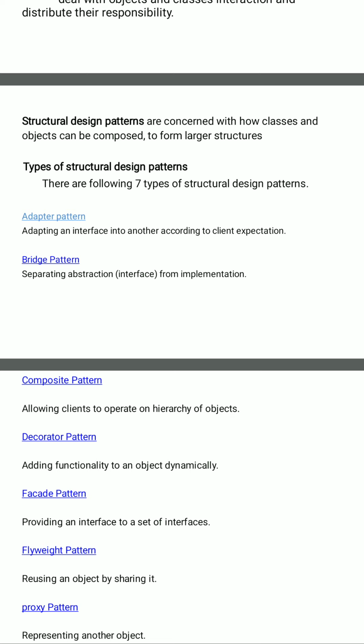Facade pattern: providing an interface to a set of interfaces. This means providing a unified and simplified interface to a set of interfaces in a subsystem. Therefore, it hides the complexities of the subsystem from the client. In other words, the facade pattern describes a higher level interface that makes the subsystem easier to use.